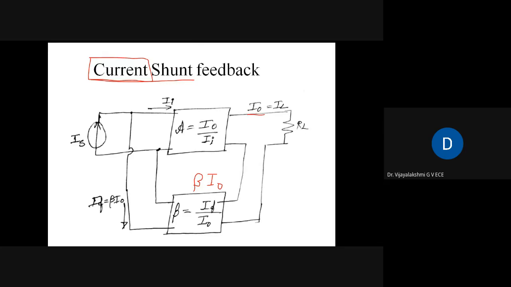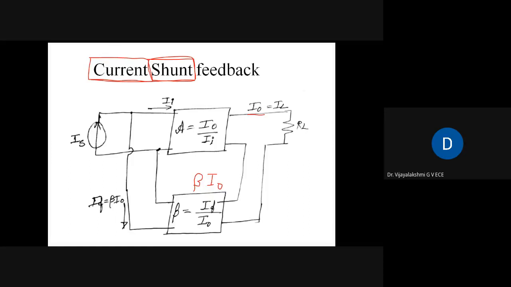Shunt. So when you are at the input, when you are combining the feedback signal with the input source, you are going for shunt connection. When you are going for shunt connections, I can have only the current signals. That means our source has to be current and the feedback signal also has to be current.